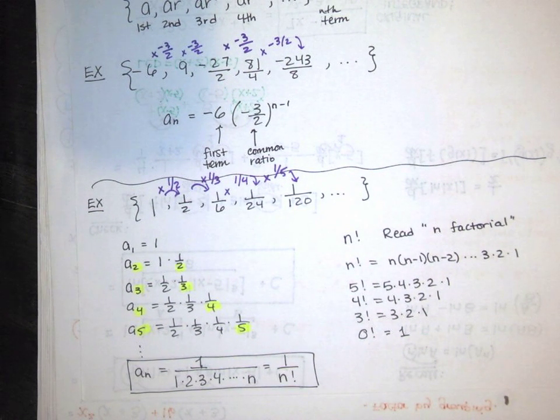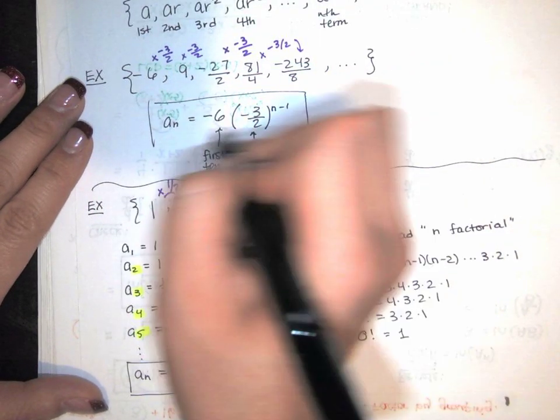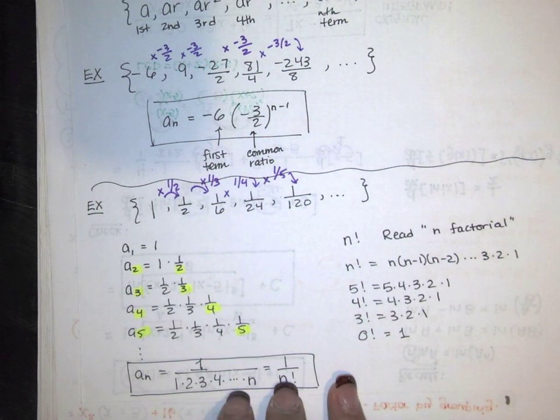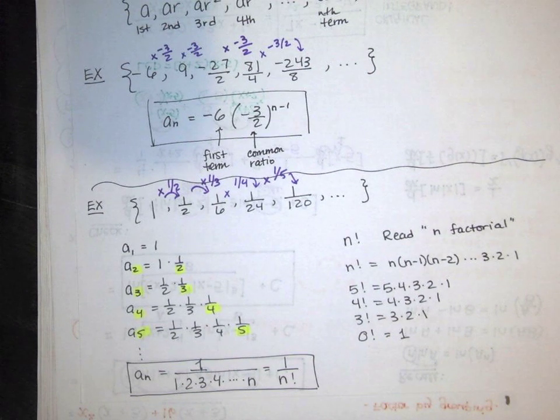Now sometimes when you are doing these problems, you have neither an arithmetic or geometric sequence. You might not have anything that involves a factorial, but there might still be a pattern. And usually you can break down that pattern into multiple parts. Part of it arithmetic and part of it geometric.